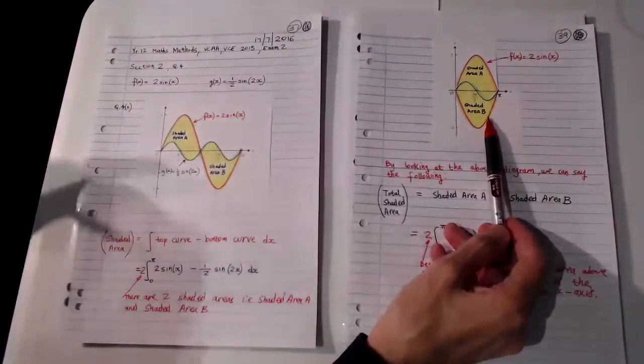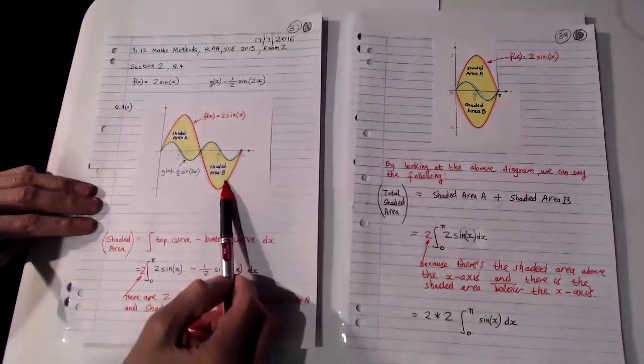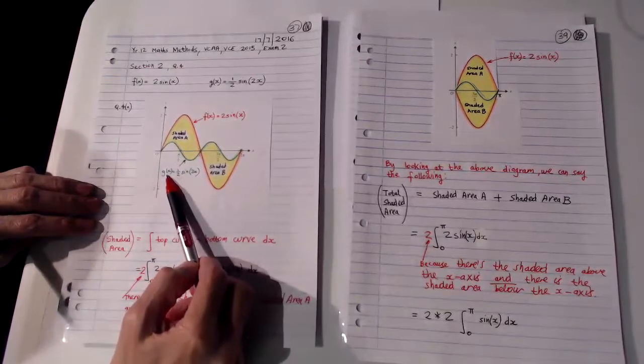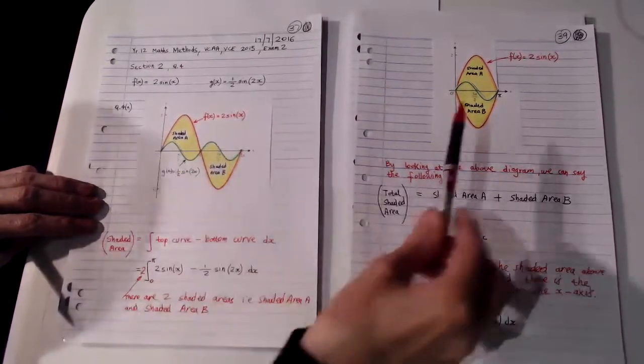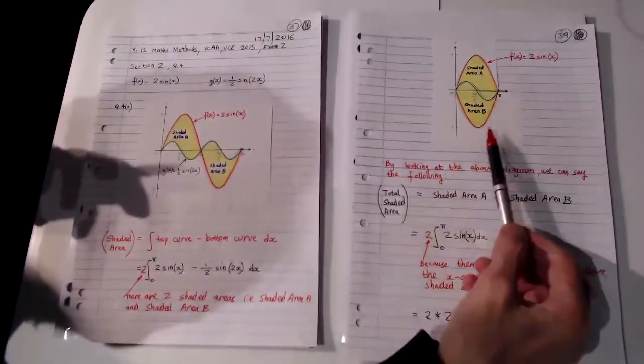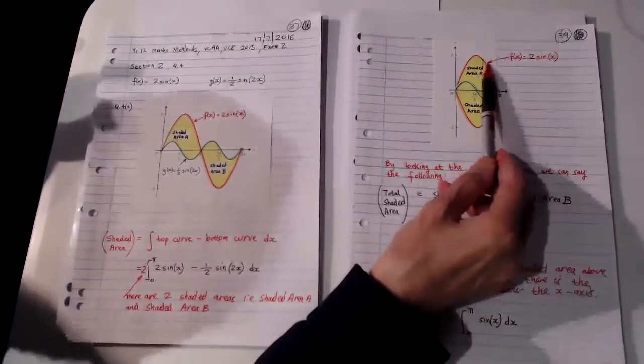Remember, the trick that we use here is that we can move shaded area B to the left, and when we do that, when you think about it, all of that ends up being that. So now we've got the top curve and the bottom curve, and now we need to find this total yellow area.